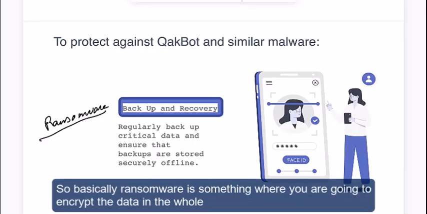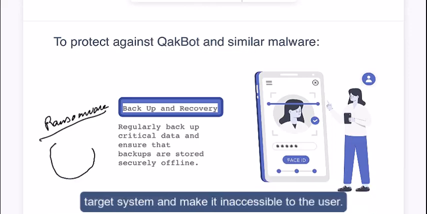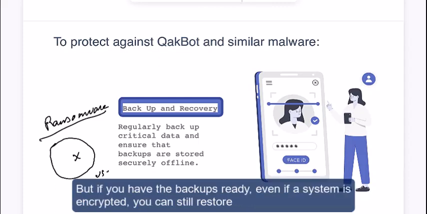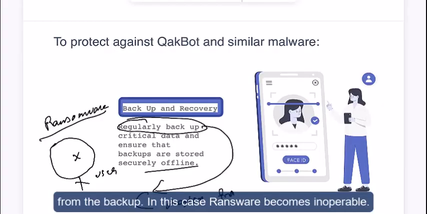Ransomware encrypts the data in the whole target system and makes it inaccessible to the user. But if you have the backups ready, even if a system is encrypted, you can still restore from the backup. So in this case, ransomware becomes inoperable.